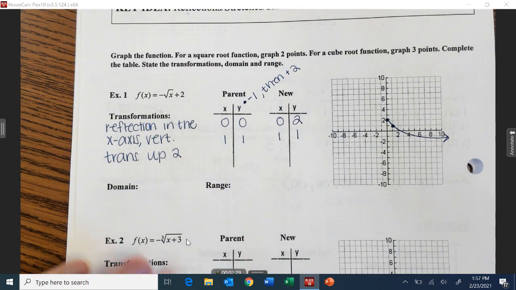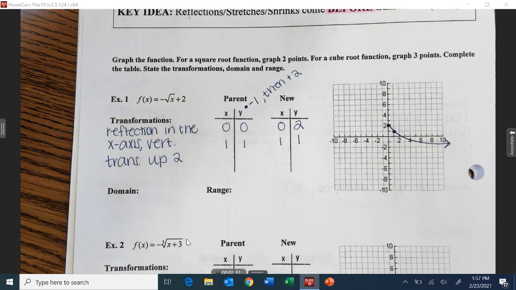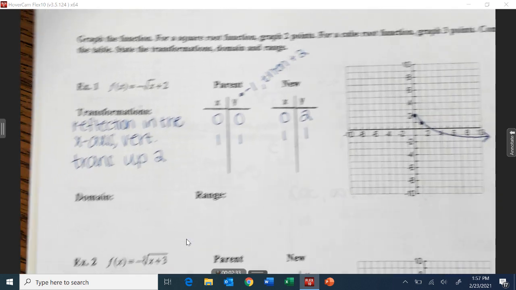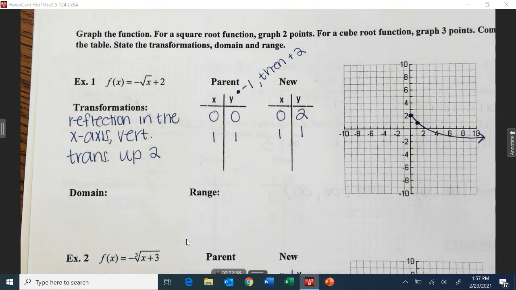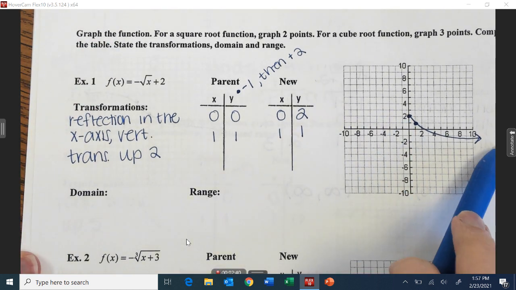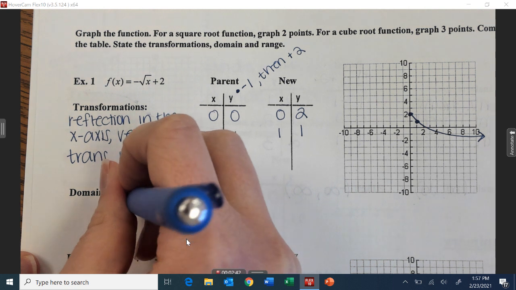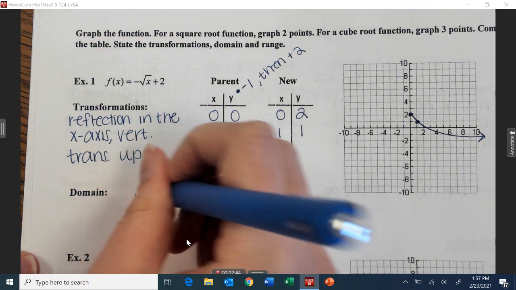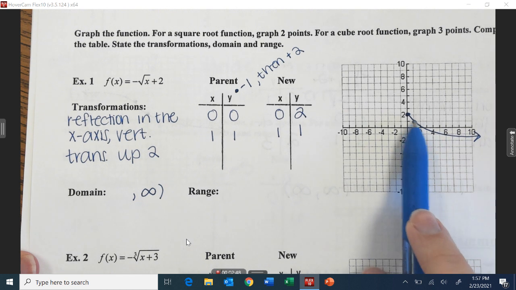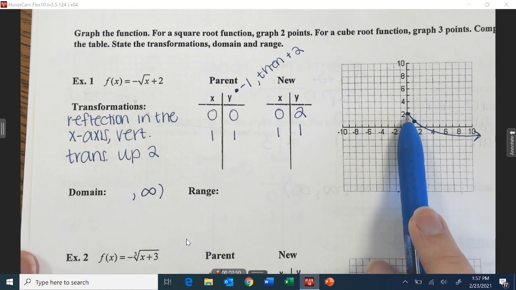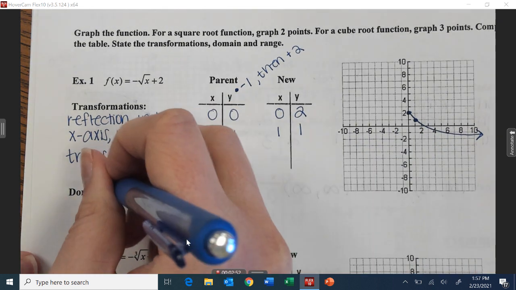This is also going to change our domain and range a little bit from our previous video. Remember, domain is referring to the x values. I'm still continuing forever to the right, so that's going to positive infinity. And then your smallest x value, your point all the way on the left, is this point here, which is an x value of 0.